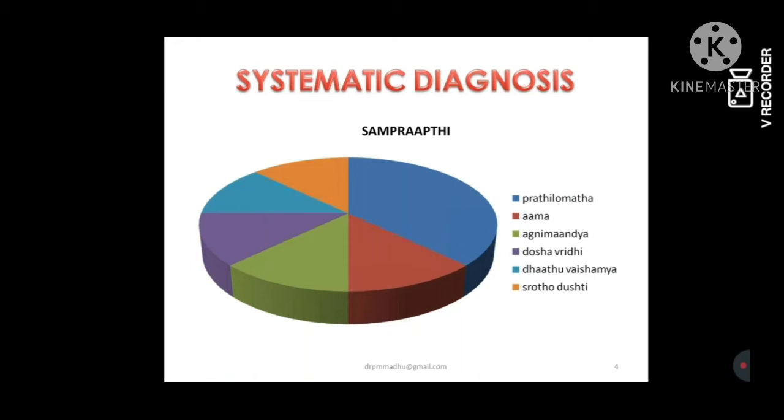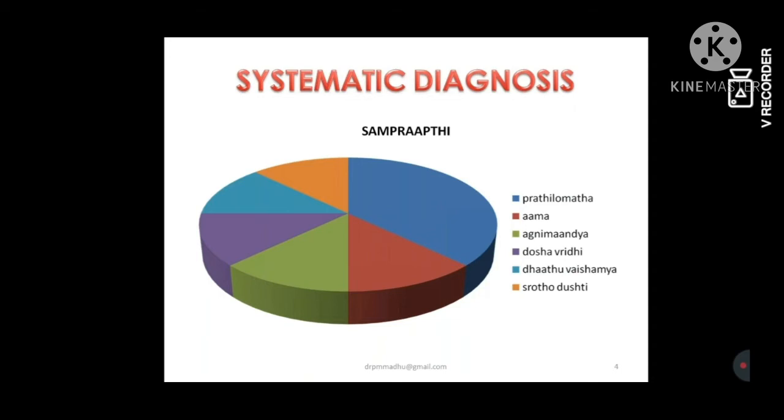These are the various factors. The patient will have alterations in these Samprapti Ghatakas. The same mode of Samprapti Ghatakas will not be there. The priority may vary, but these are the Samprapti Ghatakas involved in all the patients. So we have to assess the patients with respect to these factors.